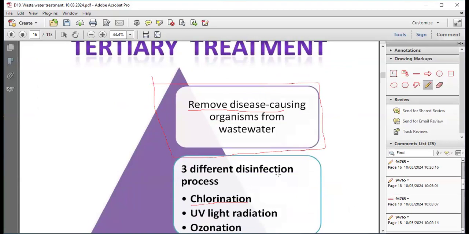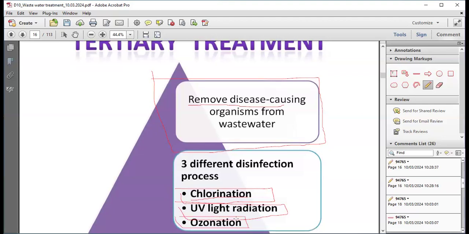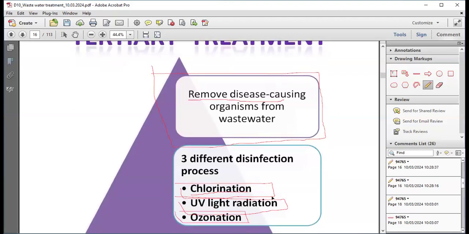Different disinfection methods, so UV. The most adopted method in our country is chlorination, not UV light radiation or ozonization, because ozonization and radiation are expensive procedures, right?